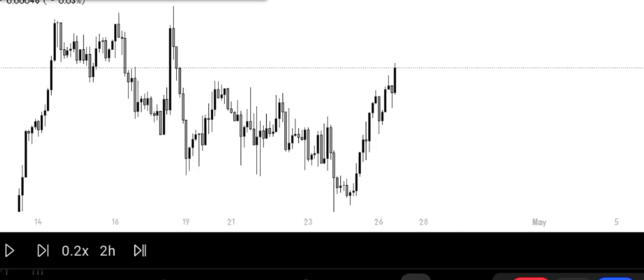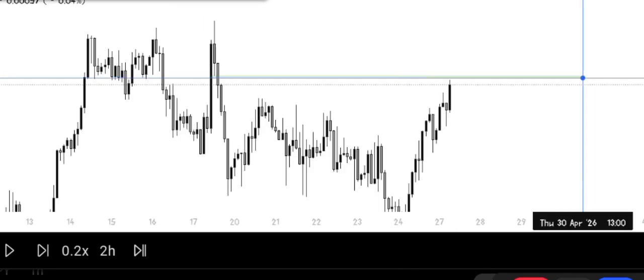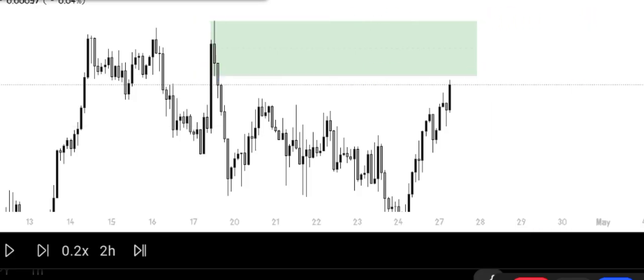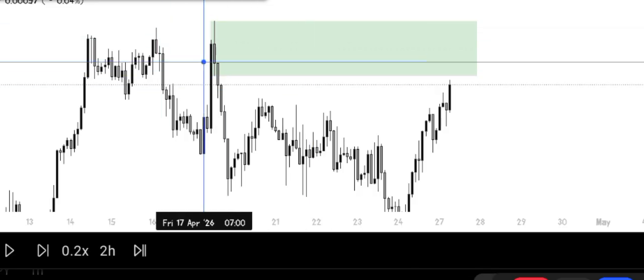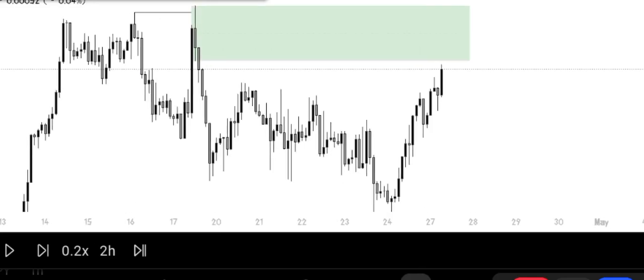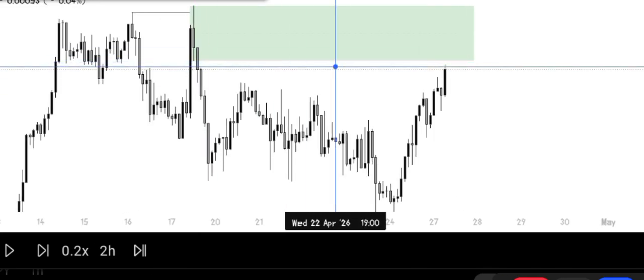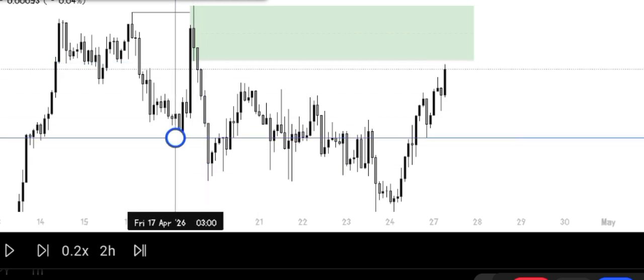So right now on the chart you can clearly see a nice order block. This is our order block. Now what are the criteria I look at to validate this order block? The first is that it collected liquidity from this top right here, and it is a single candle before this huge move, and it breaks structure.